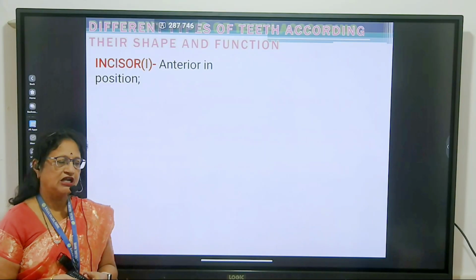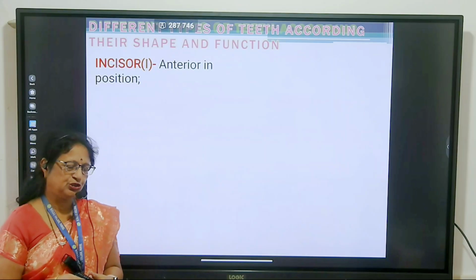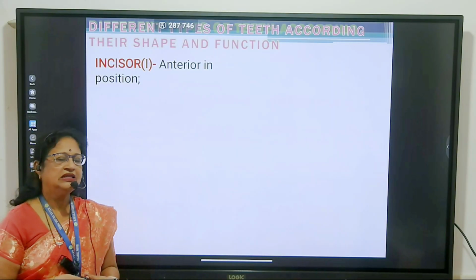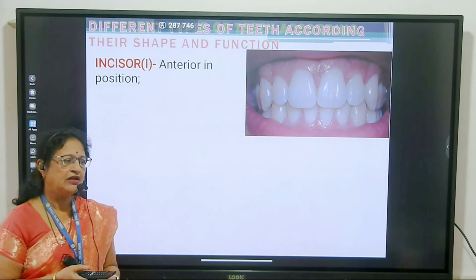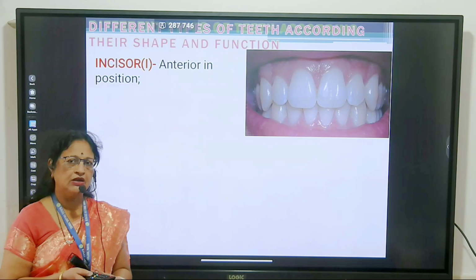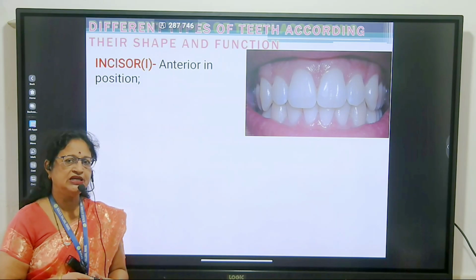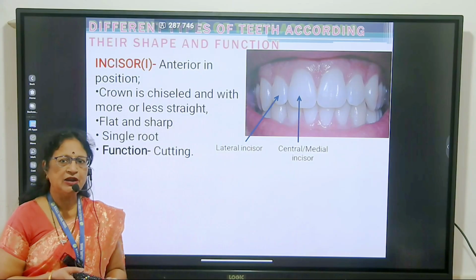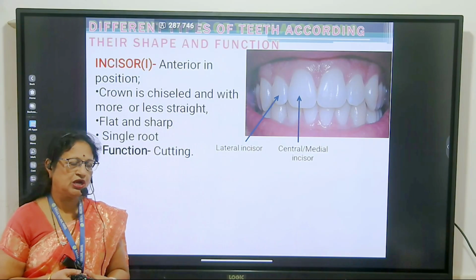First one, that is incisors. It is denoted by the letter I, and these teeth are anterior in position. Now see in this figure, the first larger teeth are incisors, and the central ones are the largest.